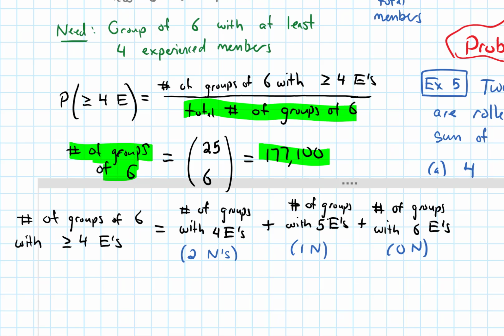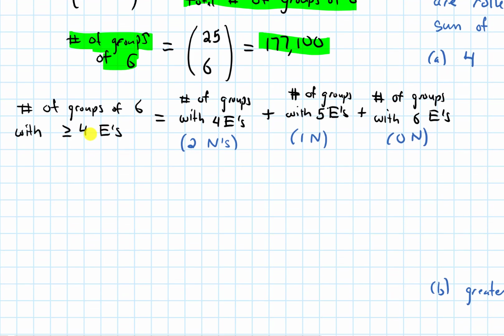All right, so now let's work out what all of these are. So what does this equal? When I have 4 experienced members and 2 new members, I've got to choose each of those separately. So I'm going to put a blank space for my experienced members, a blank space for the new members, and then a plus.